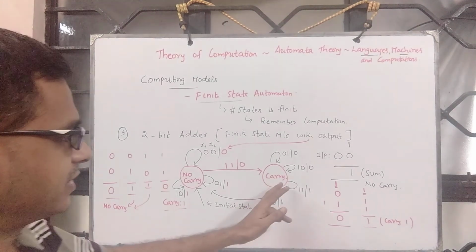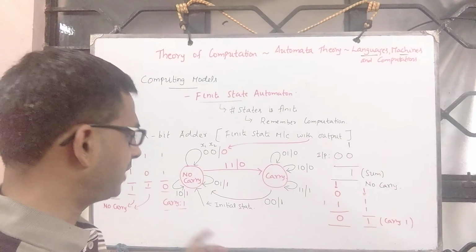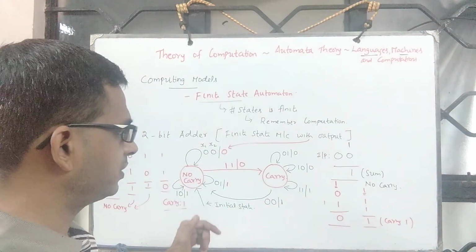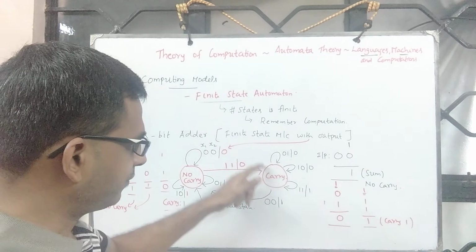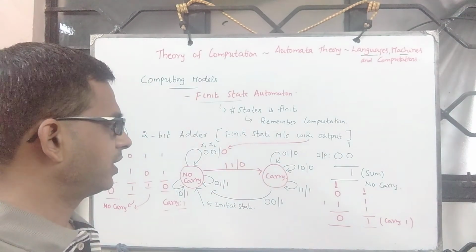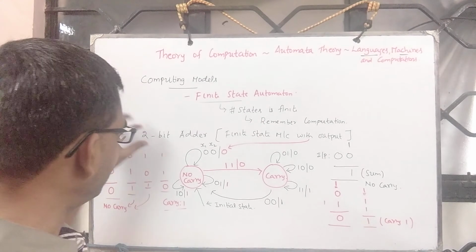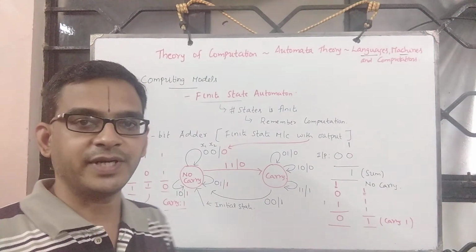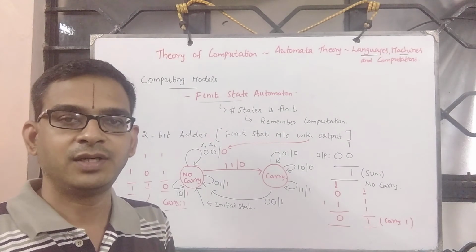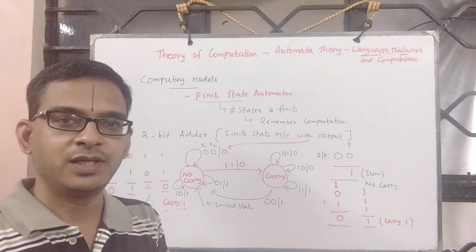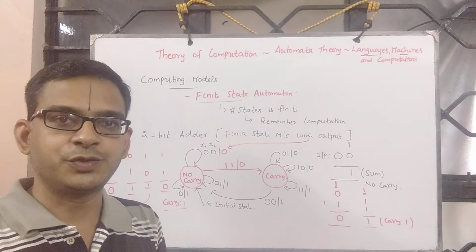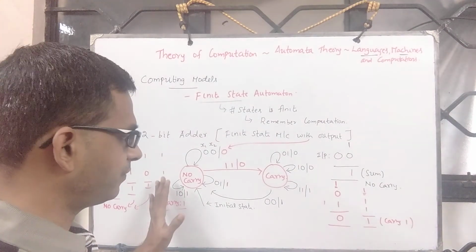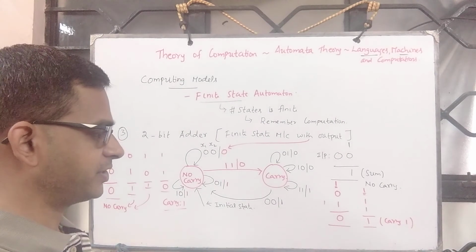Some computation has happened so far, but we don't know how many times we have gone through this and how many times we have gone through this, all that we don't know. Okay, but we only look at 2 bits. Those 2 bits can come from something like a 16-bit addition or a 32-bit addition. So how many bits we have added so far before we look at the current input, such information we won't be able to give through this picture.